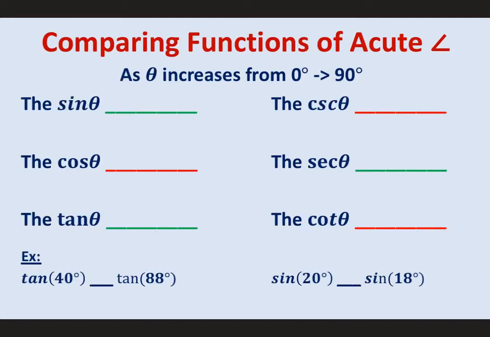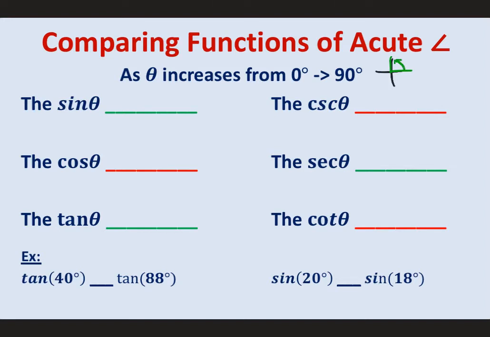All right, our second thing we're talking about today is comparing functions of acute angles. And I'm going to fill in a couple things real quick here. So what this says is as theta increases from 0 degrees to 90 degrees, so as we go from 0 degrees to 90 degrees, something's going to happen.